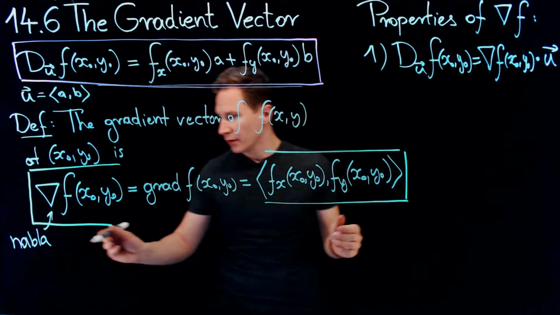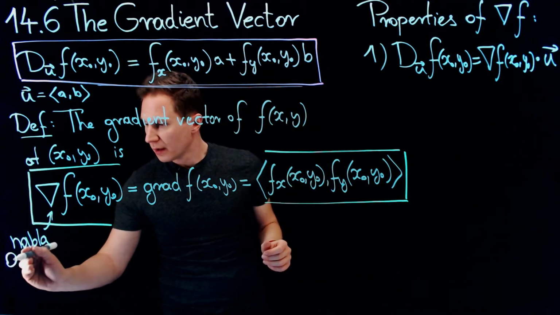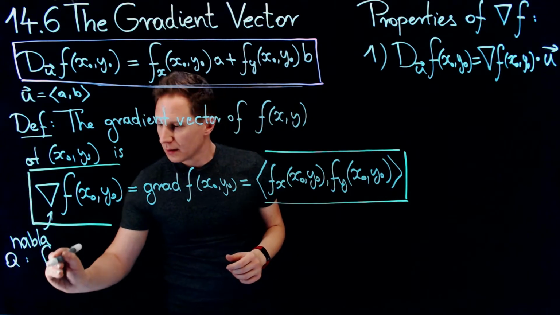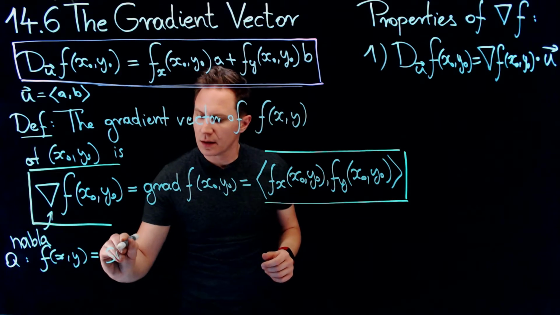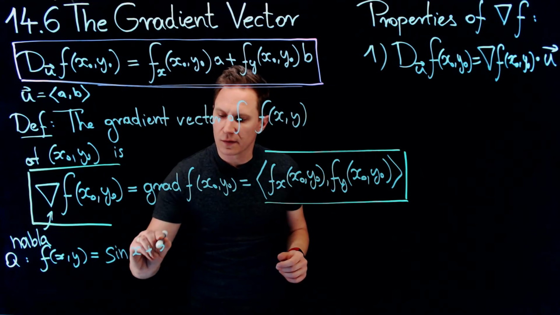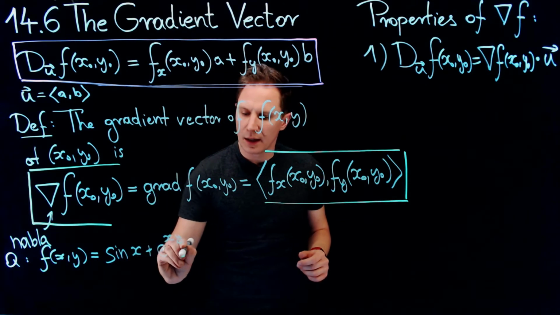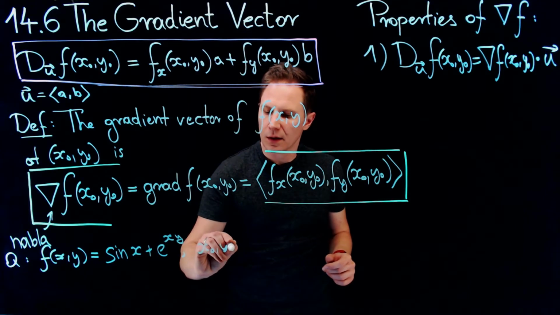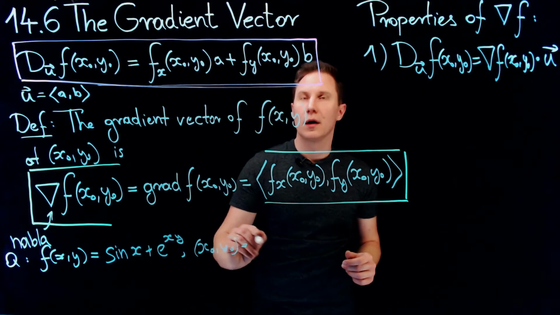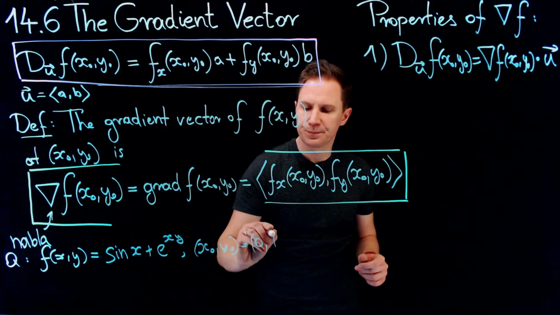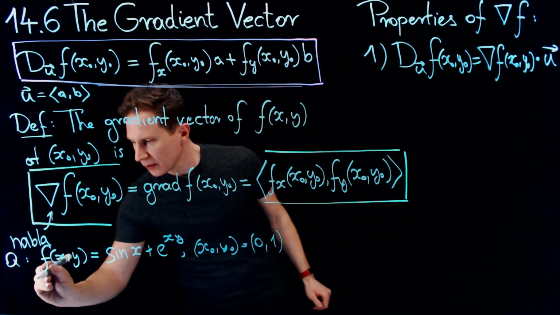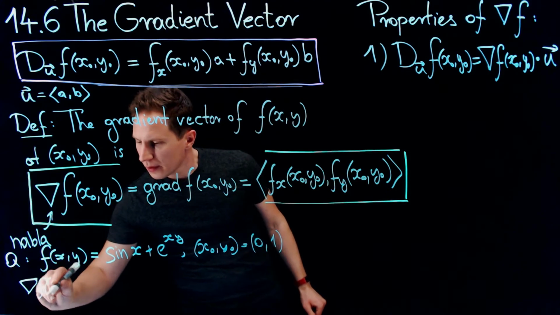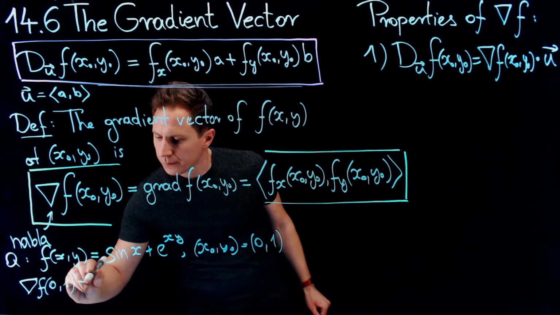Let's just compute one. So let's just compute the gradient vector of the following function: sine of x plus e to the xy, and let's compute it at the point 0, 1. So pause the video and compute the gradient vector of f at 0, 1.